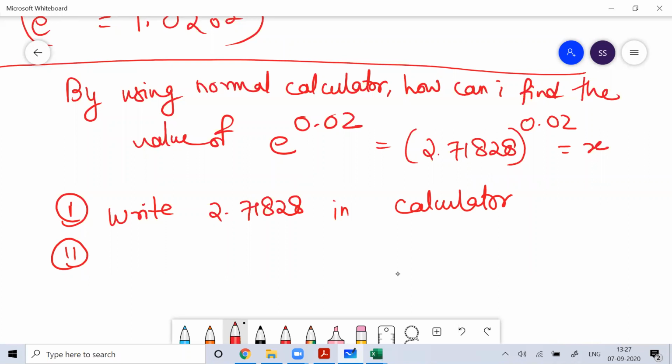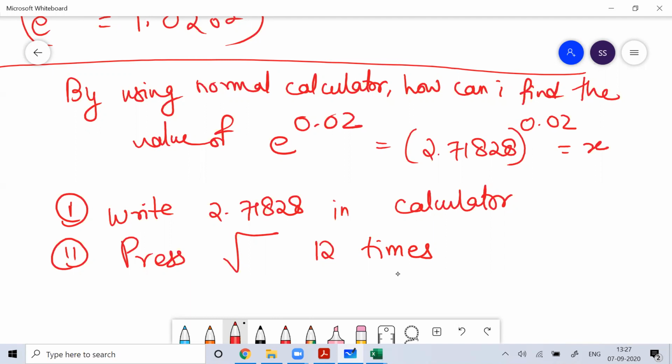I'm telling you the steps for how to do this exponential calculation on a normal calculator. Write 2.71828, then press the square root sign 12 times. Start pressing the square root sign 12 times.